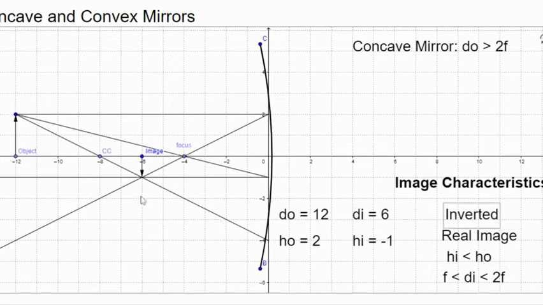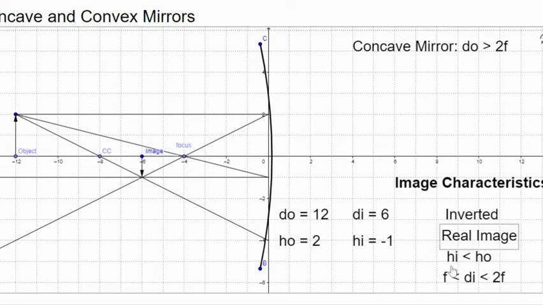We can describe its orientation, whether it's inverted, upside down, or upright, right side up. This one is obviously inverted. It is a real image because it is formed at the point where reflected light rays actually intersect. I talked about that in the first video clip. So we call it a real image. And of course, real and inverted always go together.